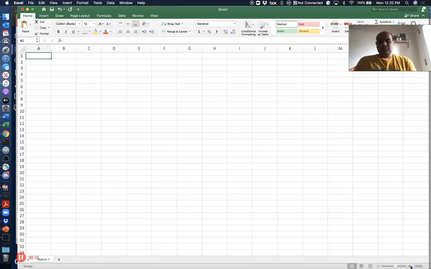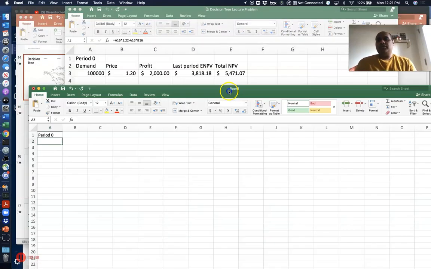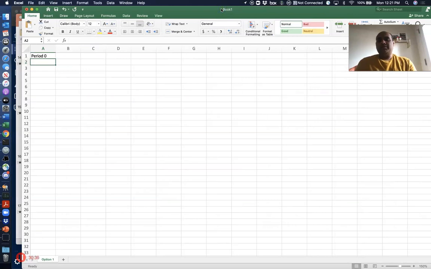So you have period 0, then you have period 1 and period 2. For each of these periods, we're going to calculate the following. We need to know what the demand is. We need to know what the spot market price is. I'm just going to call it SMP, short for spot market price.